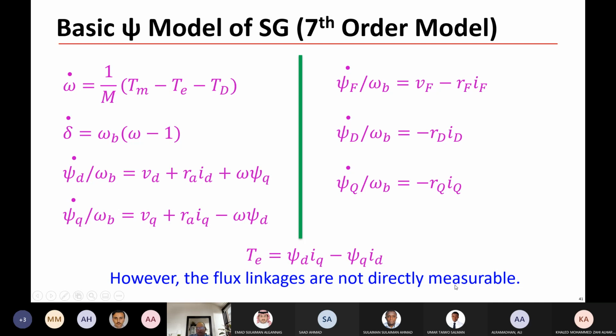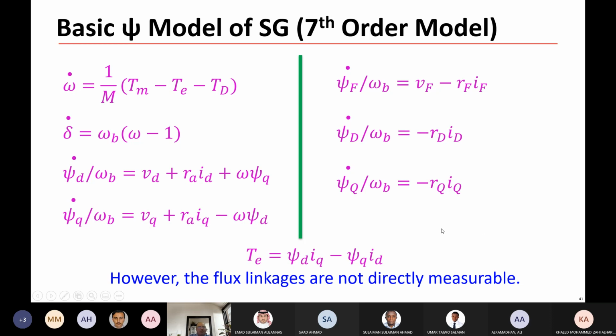However, the flux linkages are not directly measurable, and this is the limitation of using such a model. In such a model the flux linkage is not measurable, and the states are not measurable here. So sometimes we express this flux linkage in terms of the currents, as we pointed out before. Also, we can express the psi in terms of L times i, and then we can have the currents and the reactances.